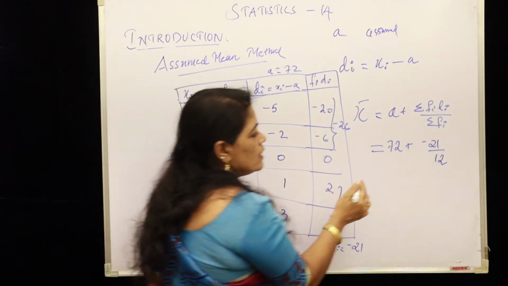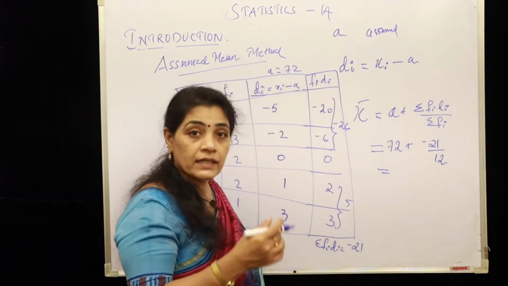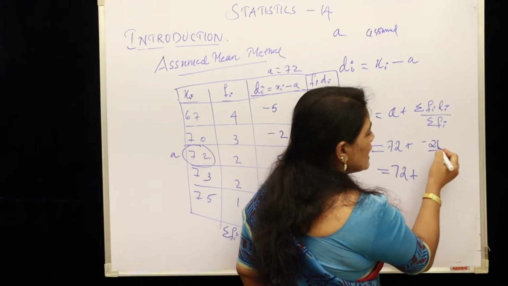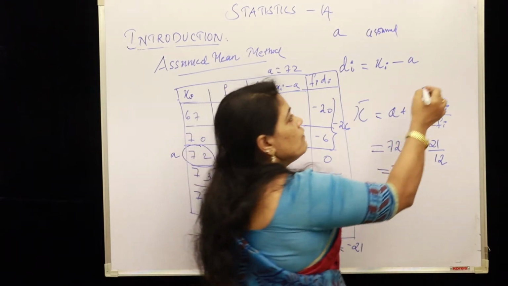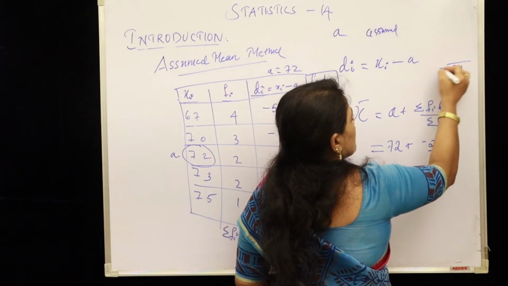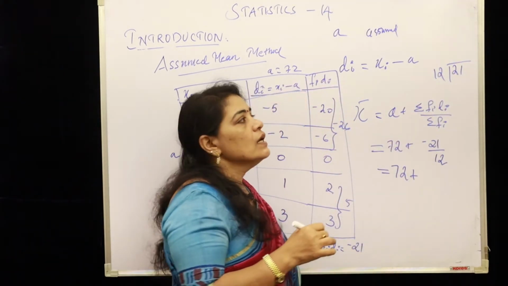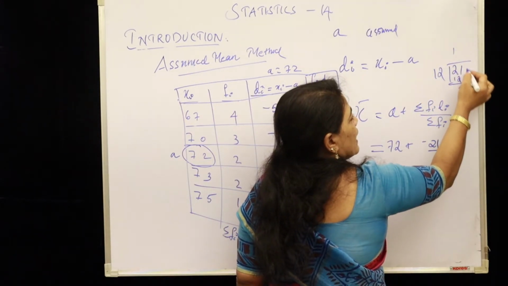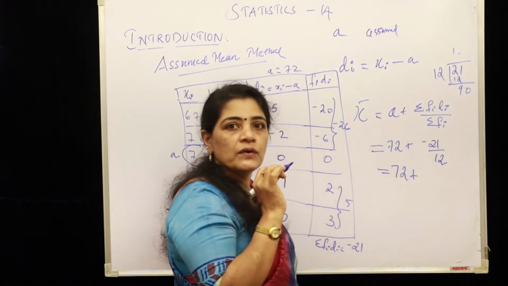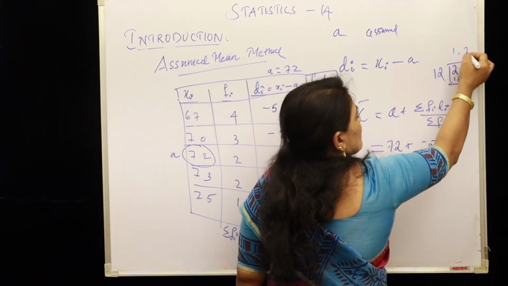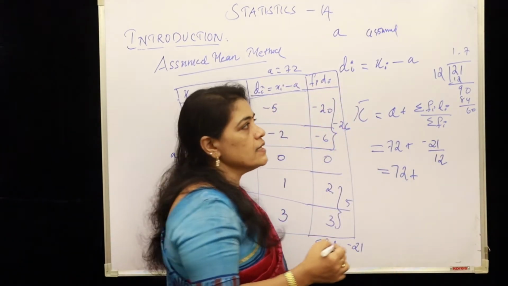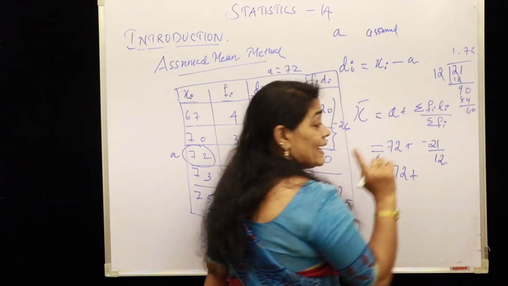So we are going to get the final answer. 72 plus negative 21 divided by 12. 12 one time is 12, 9 and 90, 12 into 7 is 84, then 6, 60, 12 5s are 60, but with a negative sign.